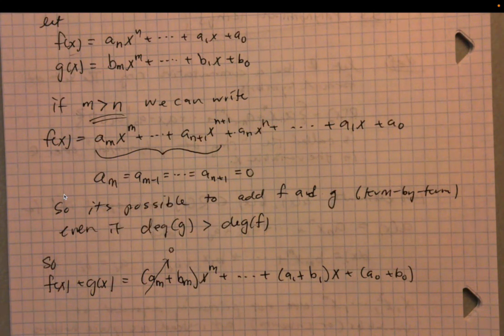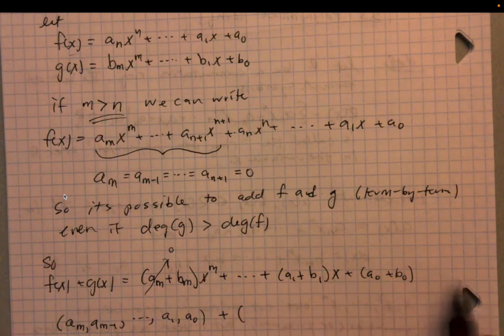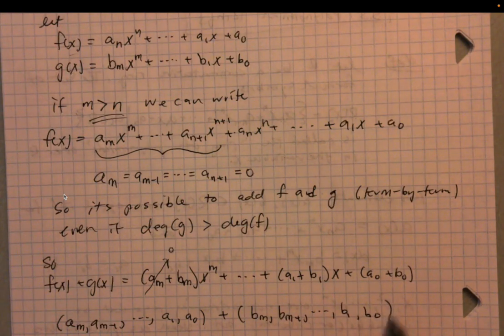You can think of it as component-wise, basically. It's the same as if you were to think of this as ordered tuples, where you had a_m, a_{m-1}, ..., a_1, a_0, and you wanted to add to that all of the b's. You'd do the same thing.